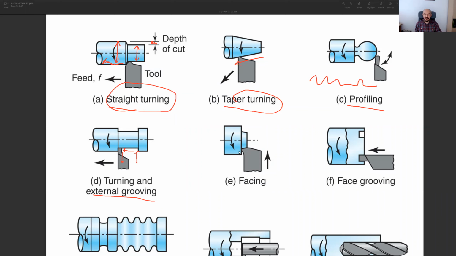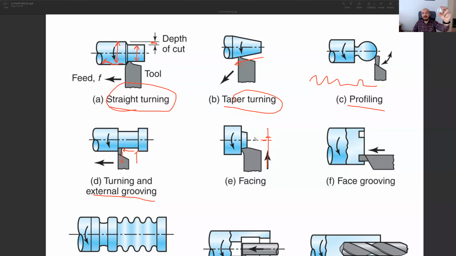And then we have facing. Facing is not a complicated operation. We simply move in the vertical direction like this. And we usually move a little bit above this center line, maybe up to here. Technically, it would be enough if you just touch this center line, but in order to make sure that we don't have any chip at the center, at the tip, we prefer to go a little bit further so that you have much better surfaces.